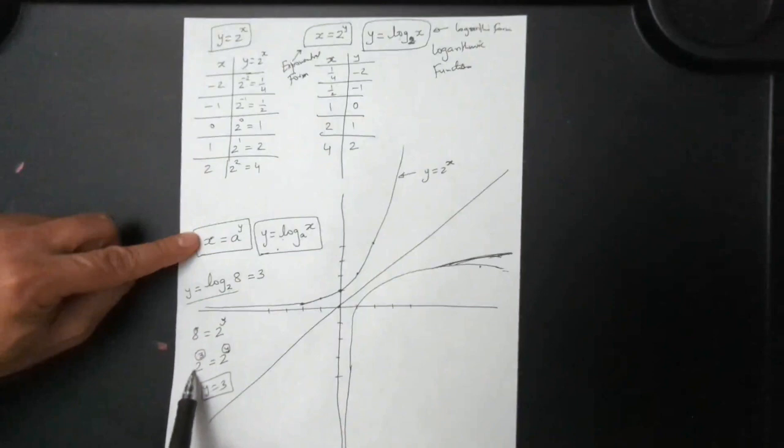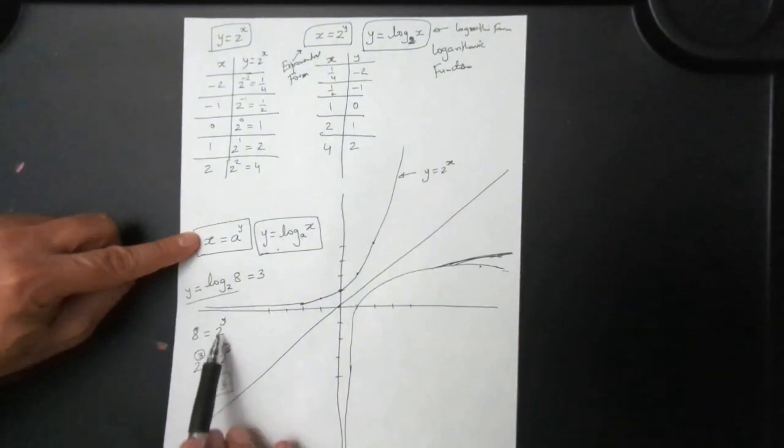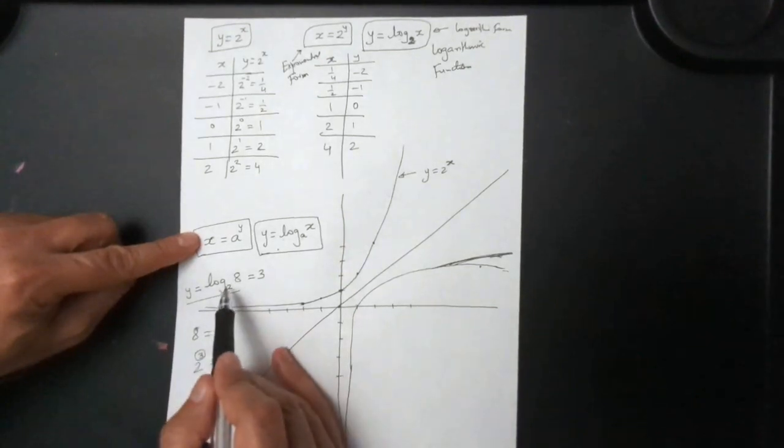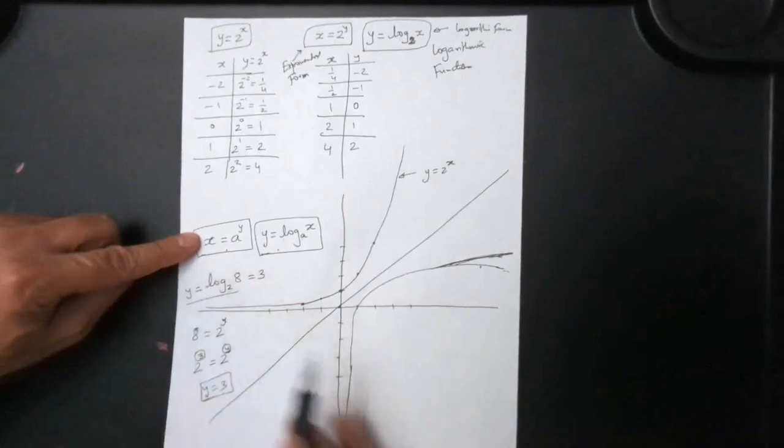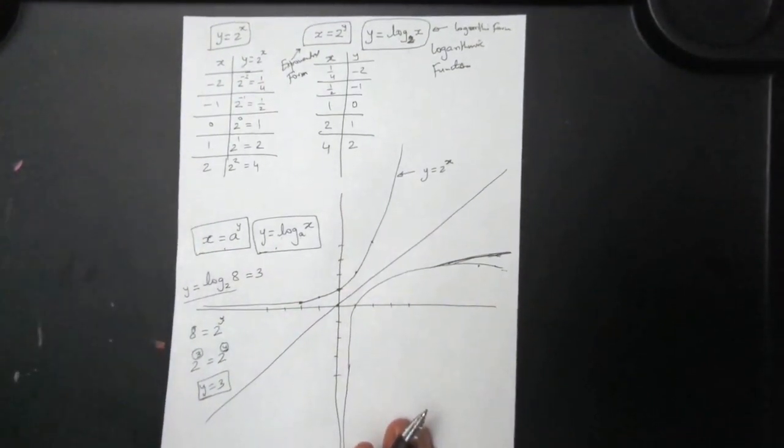So 8 is 2 to the power of 3, and we equated that with 2 to the power y, and that gave us y equals 3. This is how we find the value of any log, by going back to this relationship. Let's understand a couple more things.